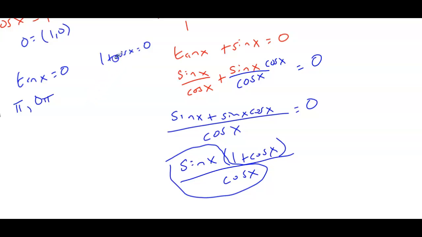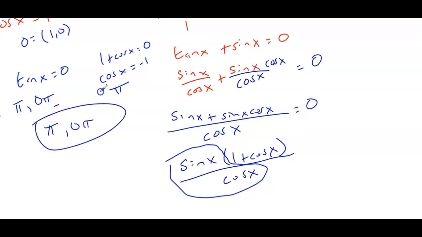And then right here, subtract 1 over, so cosine of x equals negative 1. What does cosine equal negative 1? That's pi as well. So we have pi and 0 pi as the solution. I didn't write pi twice because we already have pi.